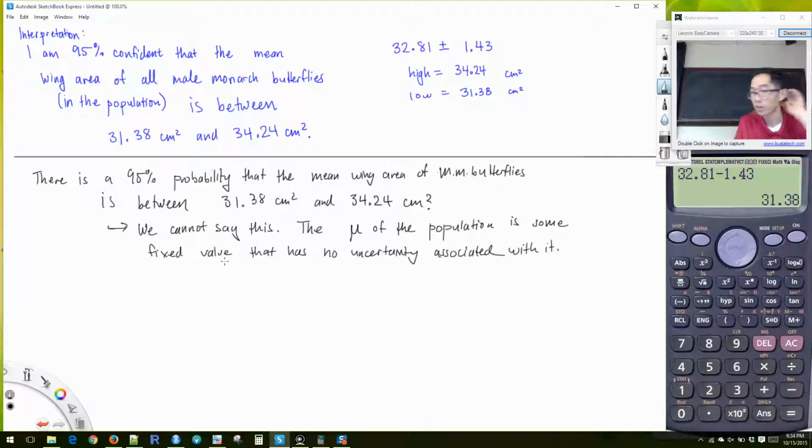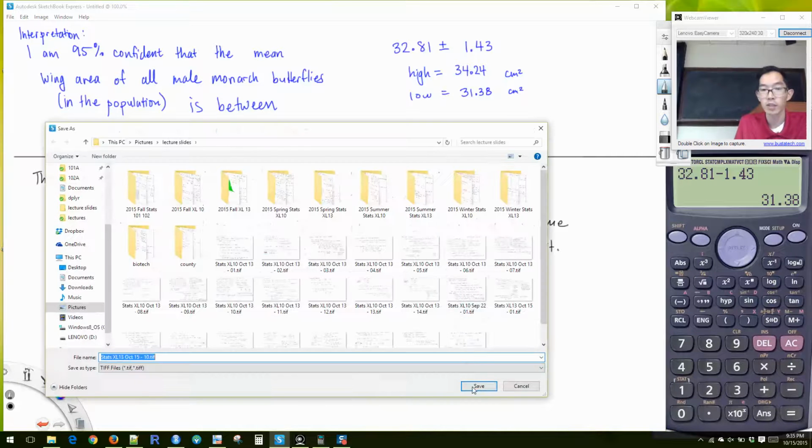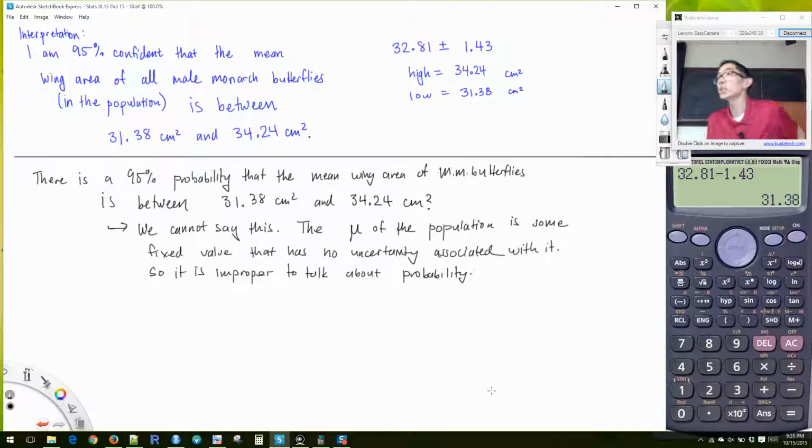So it is improper to talk about probability. The only random or probabilistic element in this process is what? What is the only random or probabilistic element in this process of creating a confidence interval?